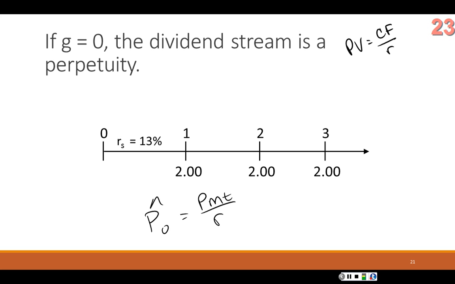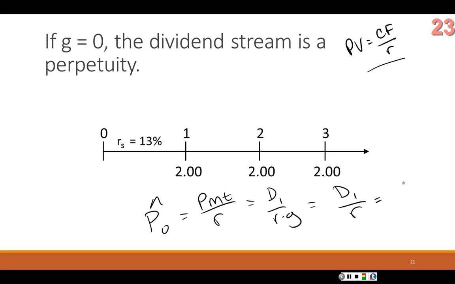You don't have to memorize this equation, because remember, our equation for the intrinsic value of a stock is equal to D1 over R minus G. If G is 0, then it would be simply D1 over R. And D1 is equal to D0 and D2 and D3. So you just pick a dividend. So it would be $2 divided by 13%, exactly the same as the formula for the present value of a perpetuity. So there's no need to memorize any additional equations.